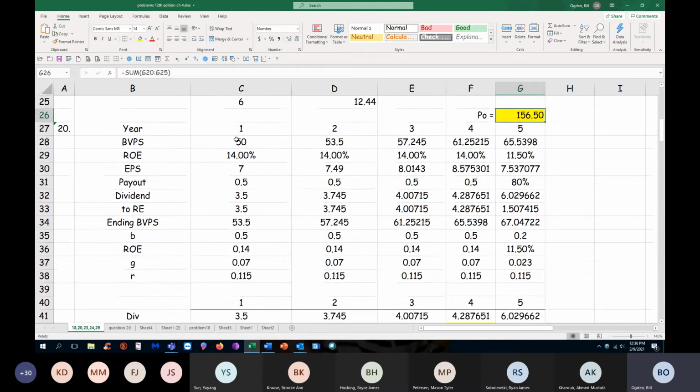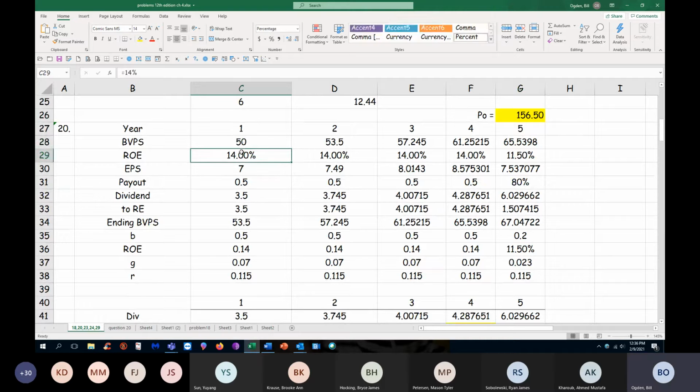So we start out at 50. It earns 14%. It pays out half, so earns 7, pays out half of that, 3.5 as a dividend, and retains 3.5. So 3.5 goes to your ending book value.